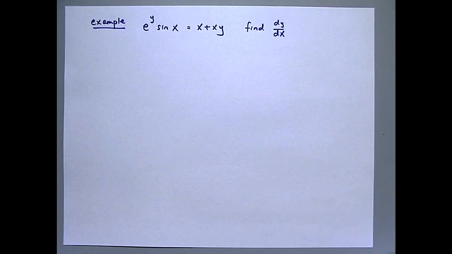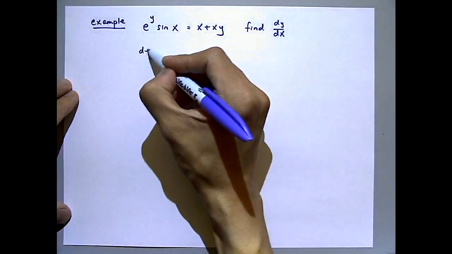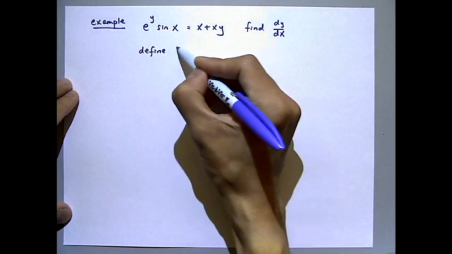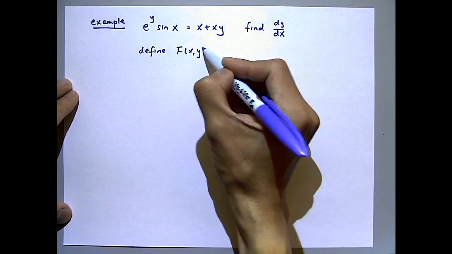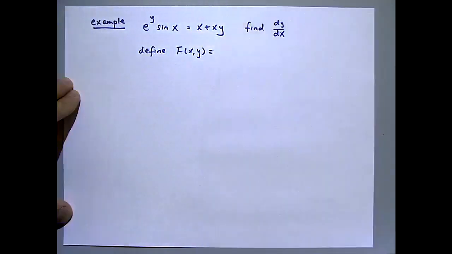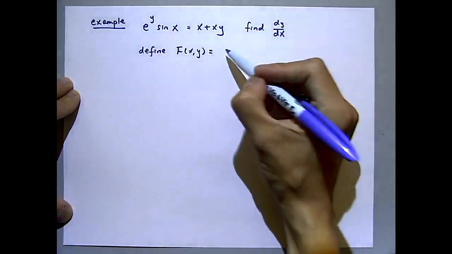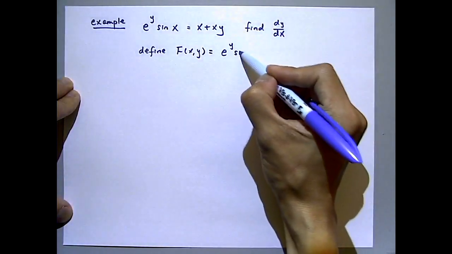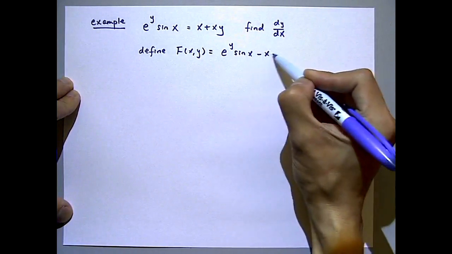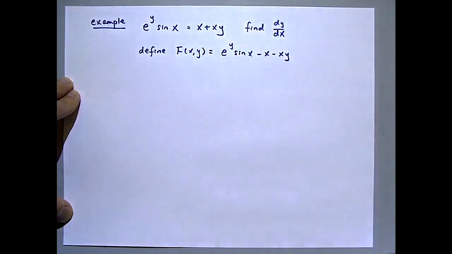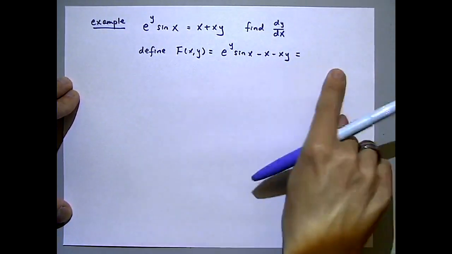And we'll duplicate exactly the same steps we just took on the last page. Use the result of the implicit function theorem we derived. First, you define that function big F. And all you do is to make everything go to one side. That's all. E to the y sine of x minus x minus xy.